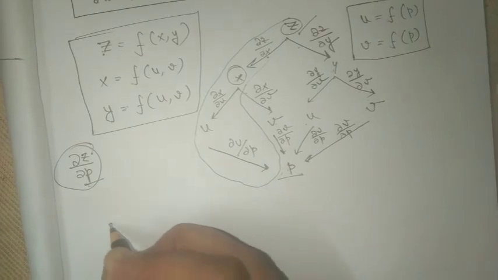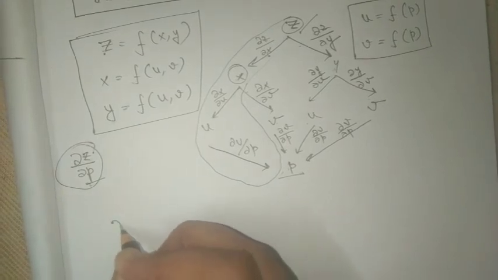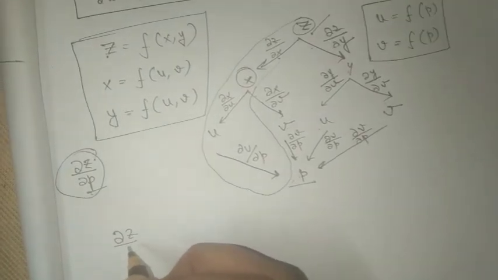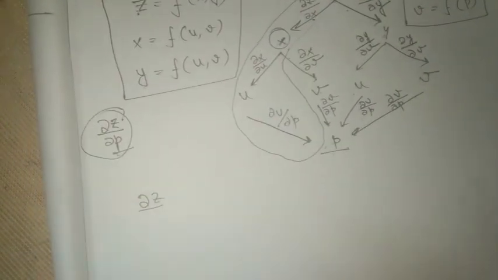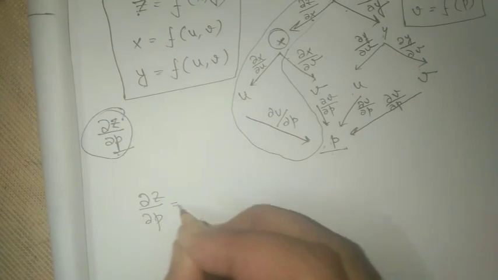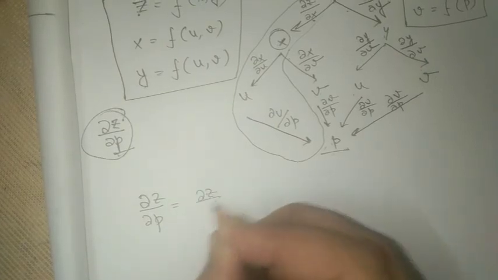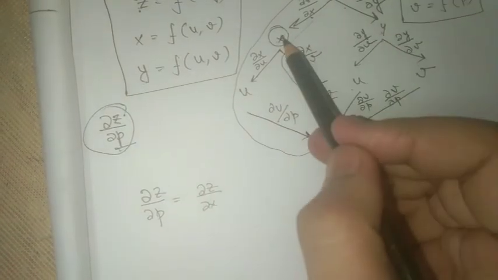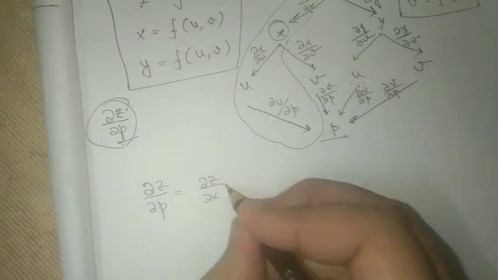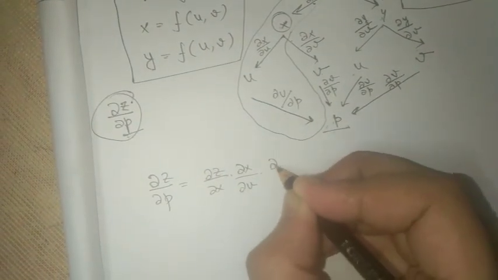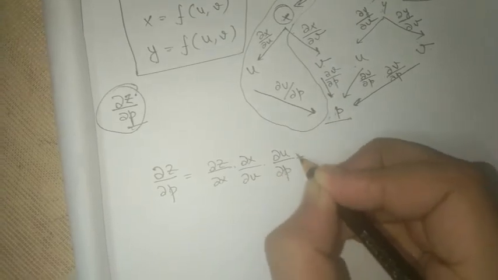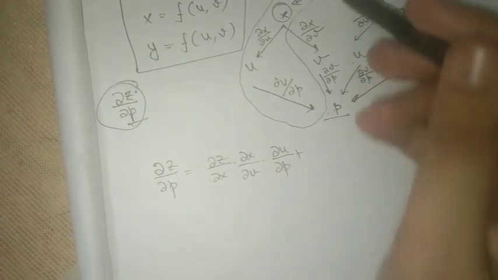Okay, so it is del z del p is equal to this line into this. They are the same line, so it will be a product, plus this line.